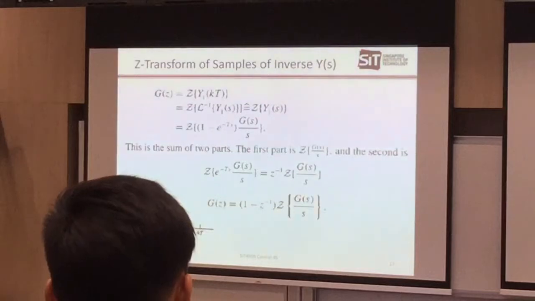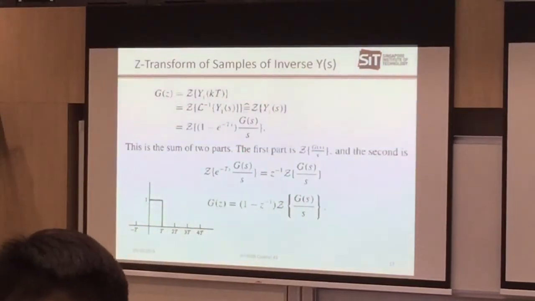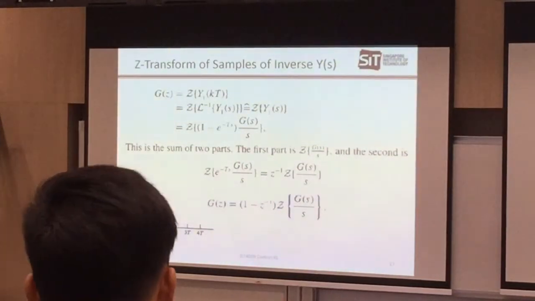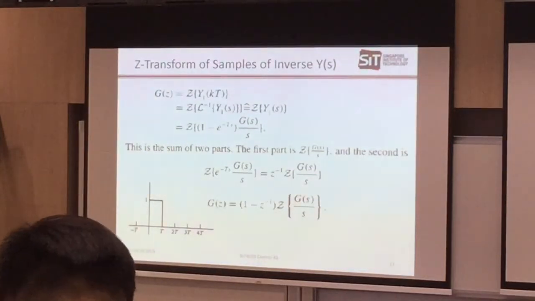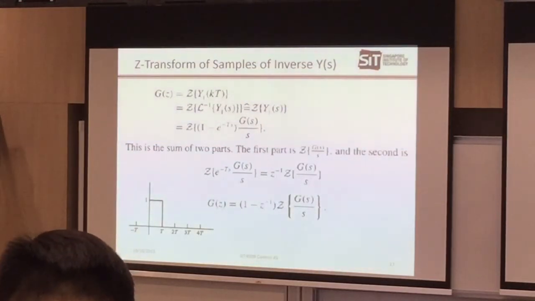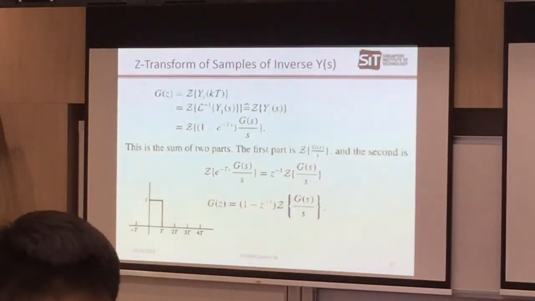You only look at the table when you take the Z transform. And not only that, you have to multiply with 1 minus z power minus 1. Okay? Because they are going to do the mapping at the signal level: your output analog signal to your input signal.